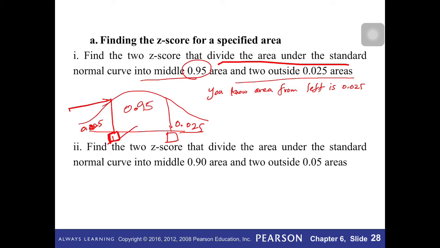Next, there are a few ways to figure out this problem.